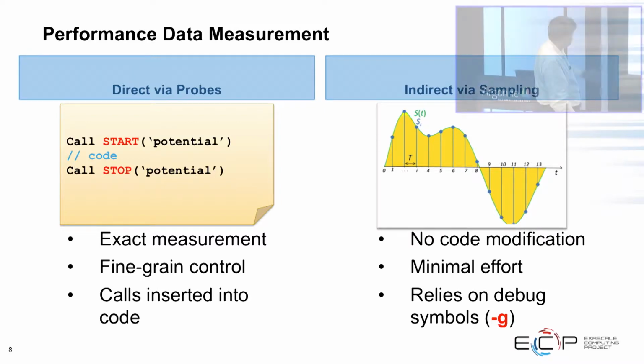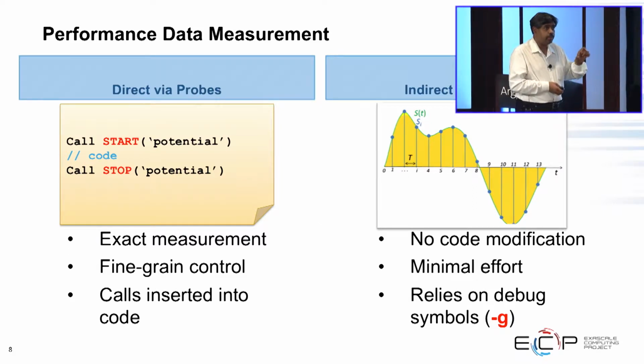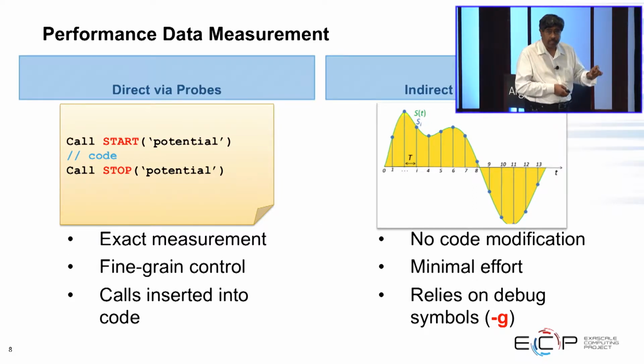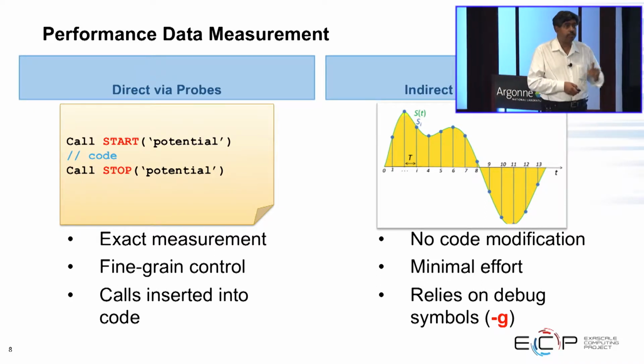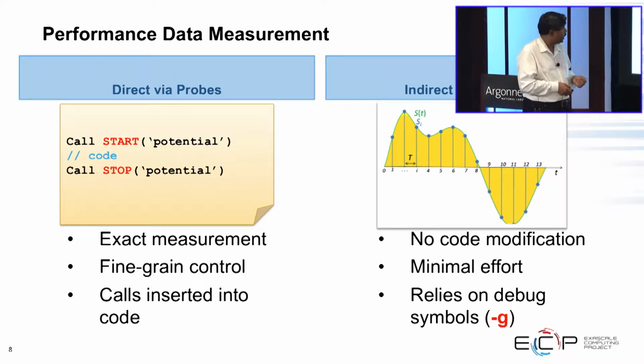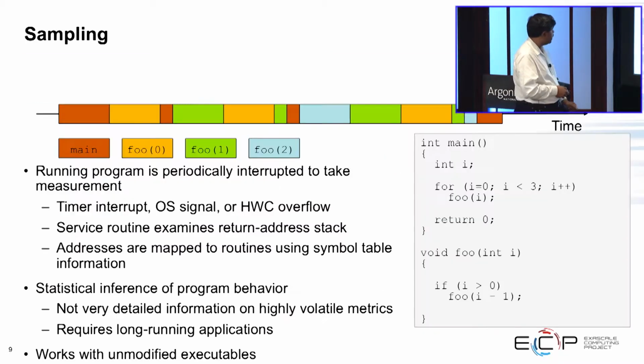And to add the hooks, you can either add it directly by probes, where you have a start and stop call, and that computes the exclusive and inclusive time precisely, or you can do it indirectly using sampling, where a periodic interrupt is generated, and you look at the state of the program and where it is executing, and based on that, you can create a summary and estimate where the application is spending its time.